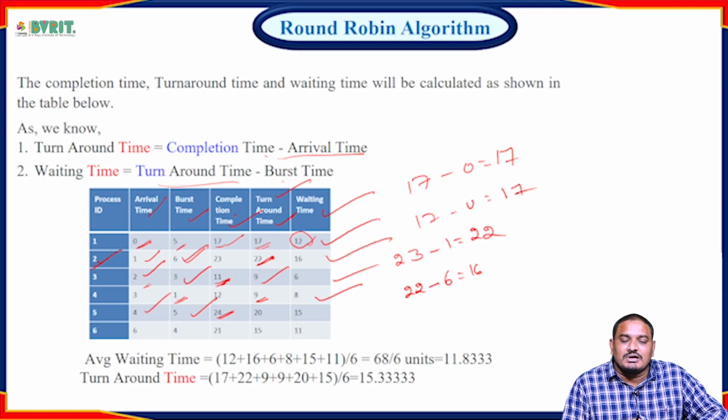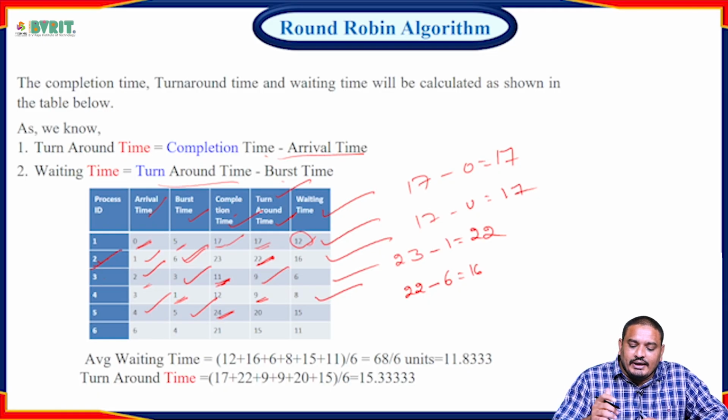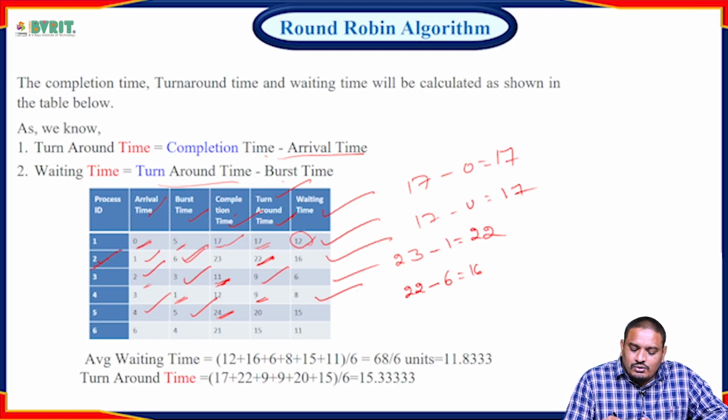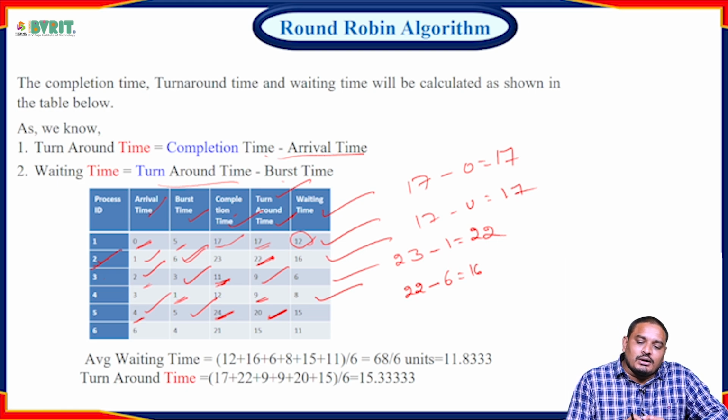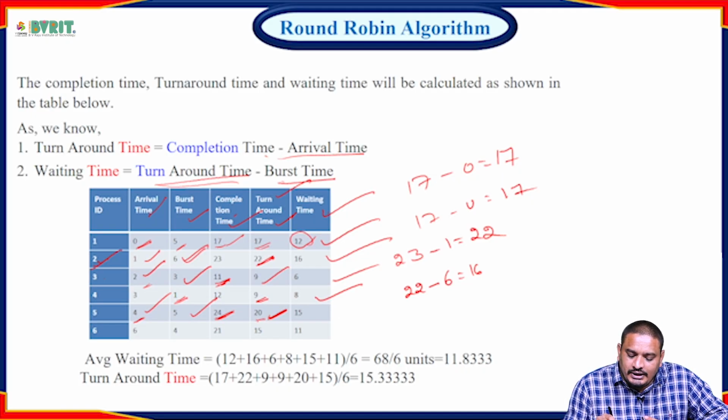Now we can calculate the turnaround time: completion time minus arrival time, that is 24 minus 4. Then we can calculate the waiting time: turnaround time minus burst time. The turnaround time is 20, burst time is 5. 20 minus 5 equals 15.